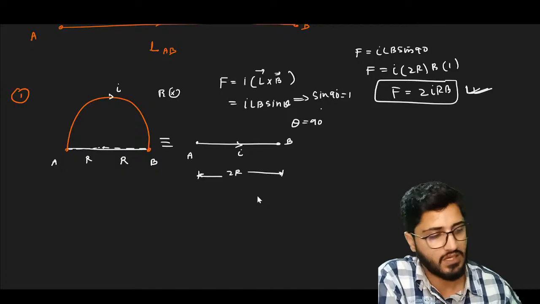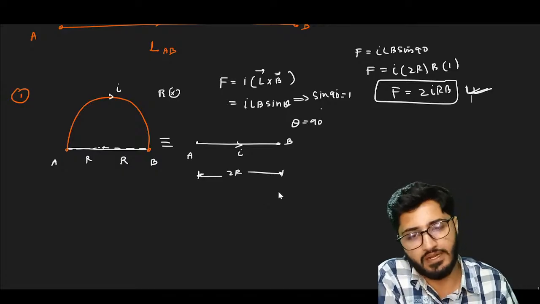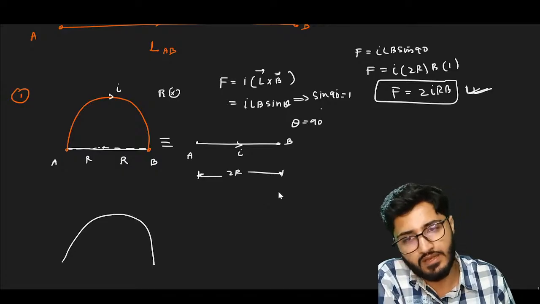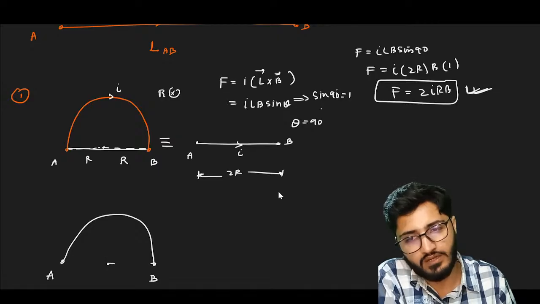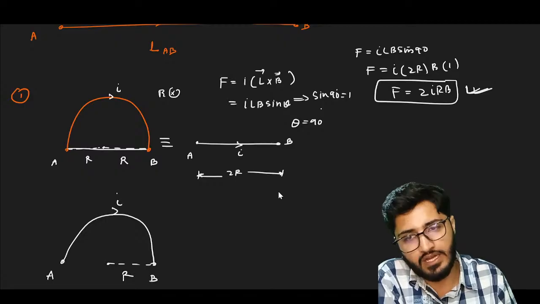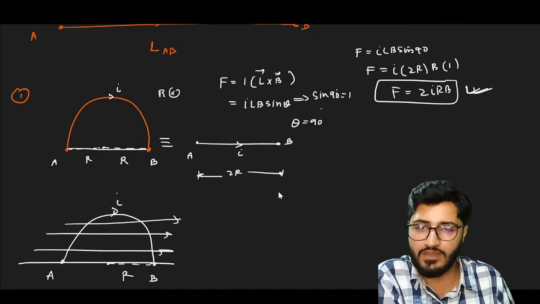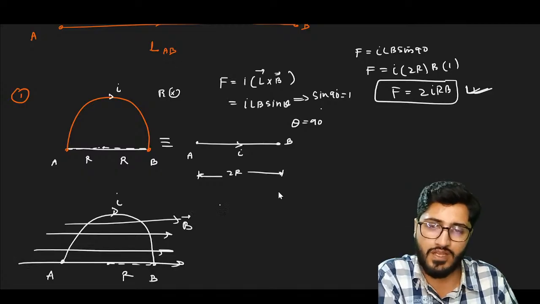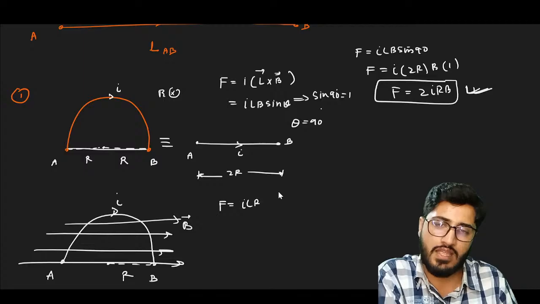Definitely. Okay, let's do one more numerical, same but different. Point A, point B, radius R, current flowing I, and the magnetic field is in this way. What is F? I L B sin theta.